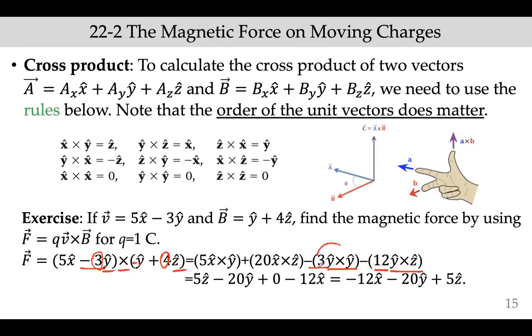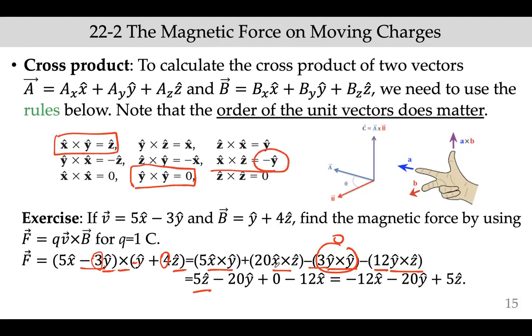Okay, so this term is already 0 because here is the rule. For x cross y, now let's look at the table. X cross y is z, so we have 5z. X cross z, let's find it. X cross z is negative y.